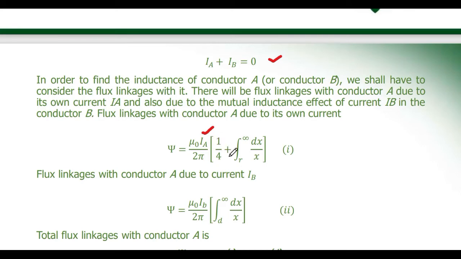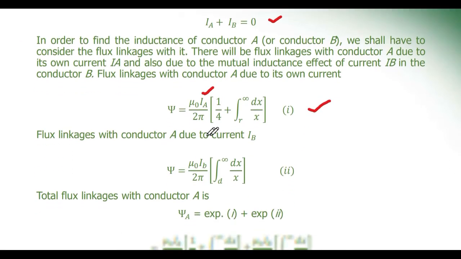For a single conductor there are two flux linkages, one is the internal flux linkage and the other is the external flux linkage. So the equation for this is mu naught IA by 2 pi, 1 by 4 plus the integral from r to infinity of dx by x. So this is due to its own current.